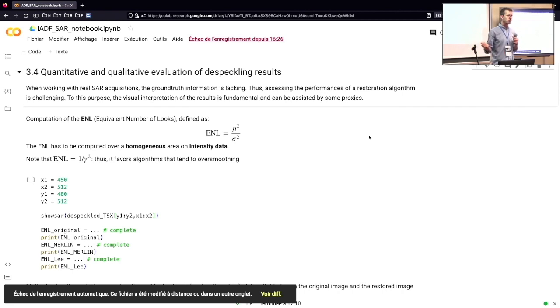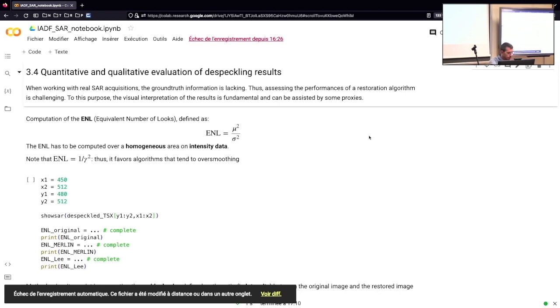The information that the equivalent number of looks is giving is how many independent samples have been averaged to produce our image. So basically, the higher the equivalent number of looks is, the lower the speckle is, okay?